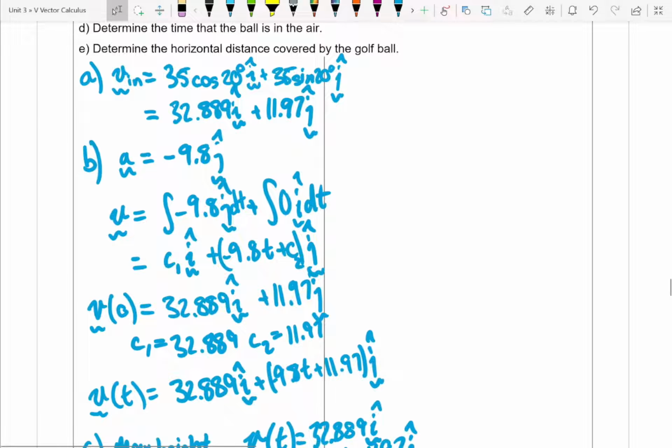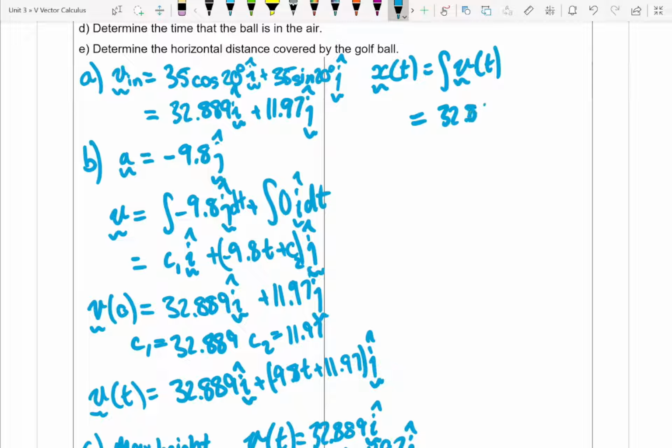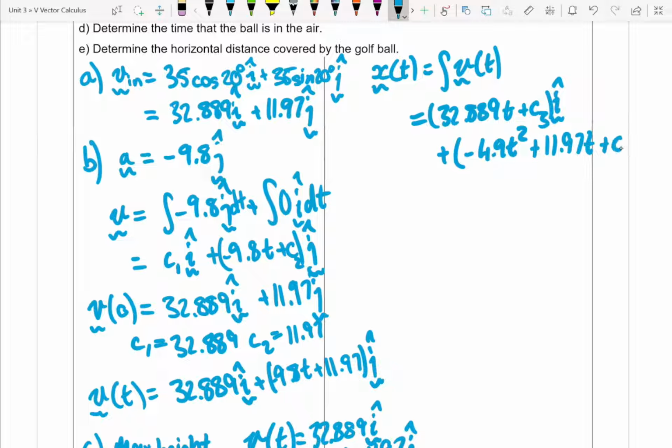So x of t is equal to the integral of v of t, which is going to equal 32.889t plus c3 i, plus negative 4.9t squared. You're going to get very used to this whole negative 4.9t squared. It comes up a lot because it's the second integral of gravity. So then we're going to have plus 11.97t plus c4 j.